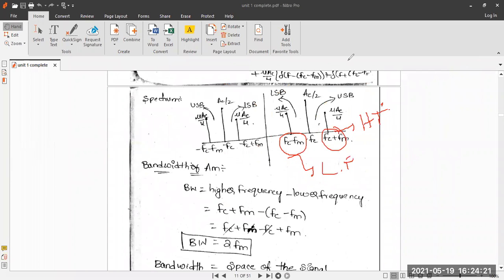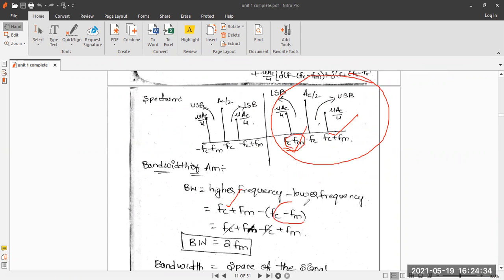So here we consider only the positive spectrum. So if you substitute the highest frequency Fc plus Fm and the lowest frequency Fc minus Fm here, then what happens?